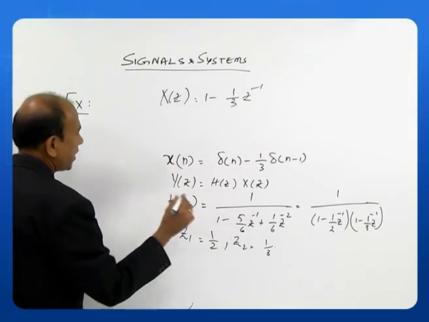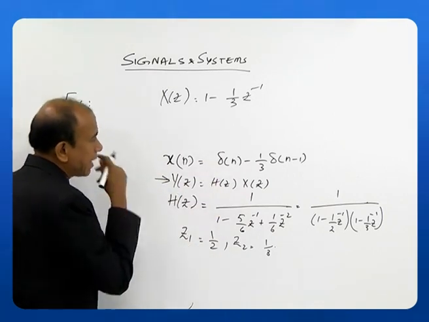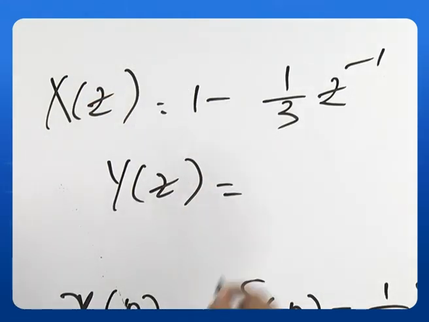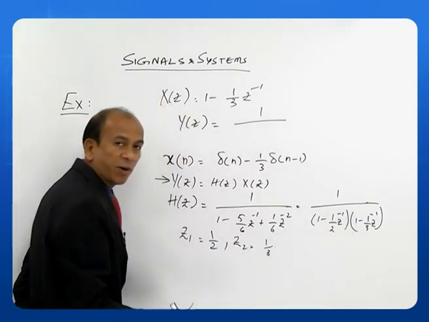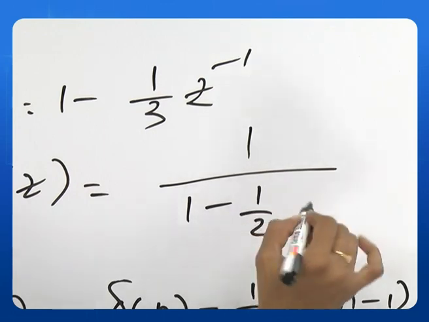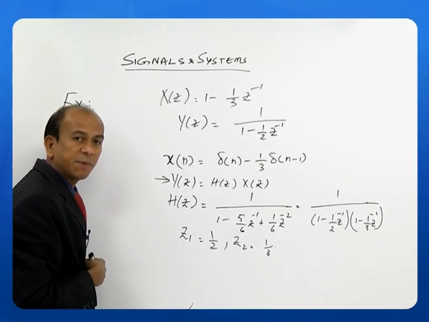Now, what is y of z? We have already written y of z is equal to h of z times x of z. If you multiply this, I will get y of z equal to 1 by, because this term is getting cancelled, what is left is 1 minus 1 by 2 z to the power of minus 1. So, this is my y of z.